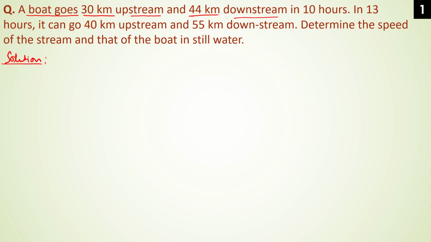Downstream means when the boat moves in the same direction as the flow of the water. So in case of upstream, the speed of the boat will be reduced, and in case of downstream, the speed of the boat will be increased. In case of upstream, the speed of the boat is the subtracted value of the speed of the boat and the flow of water. And in case of downstream, the net speed of the boat is the summation of the speed of the boat and the speed of water flow.